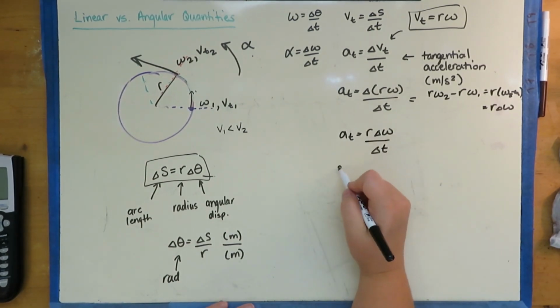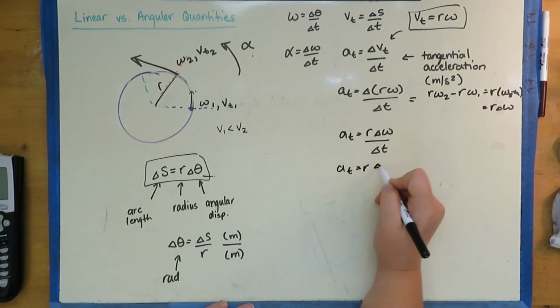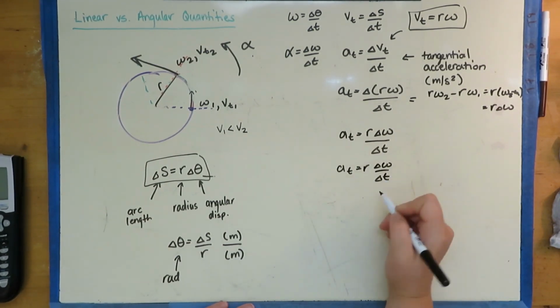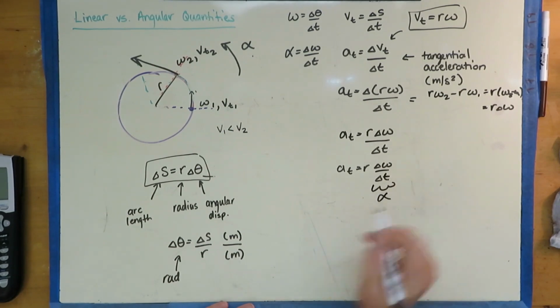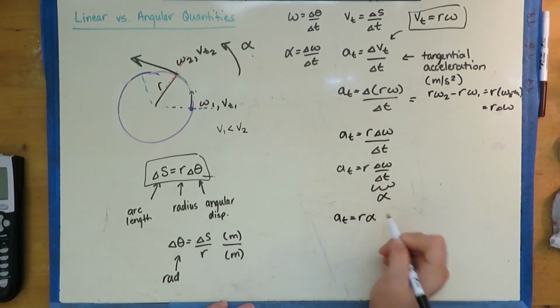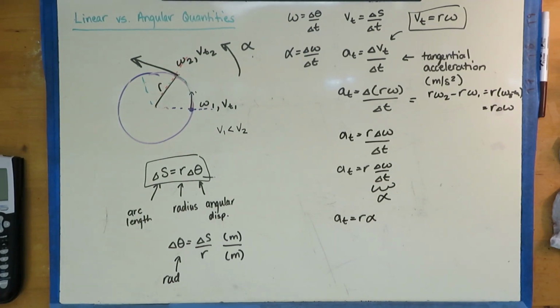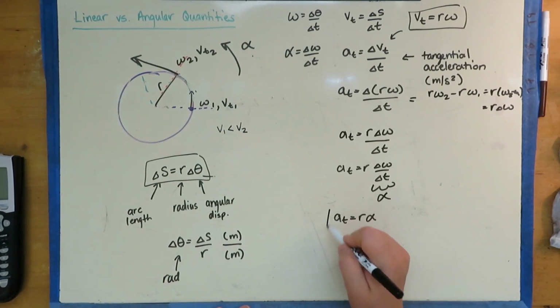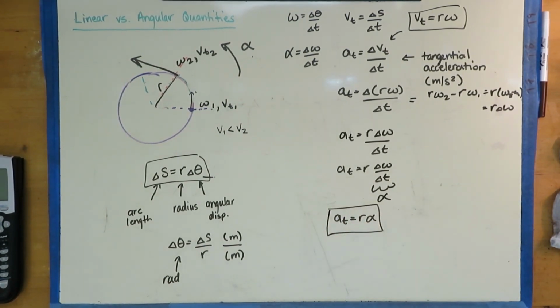Once again, I can rearrange that. R is multiplied by change in omega over the change in time, and this is our definition of alpha. So I get AT is equal to R times alpha. And I have this new relationship here. Basically my tangential acceleration is also equal to R times my angular quantity.